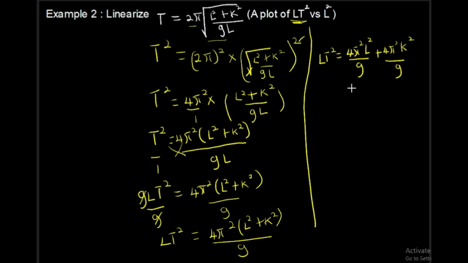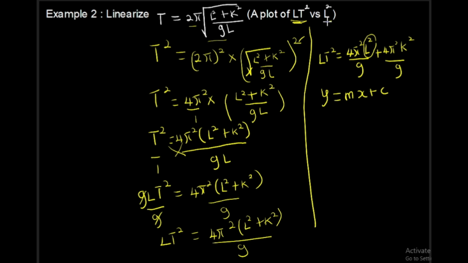Now if they ask us for the slope, again we compare with the straight line equation, y equals mx plus c. Identify your horizontal: our horizontal is L squared.